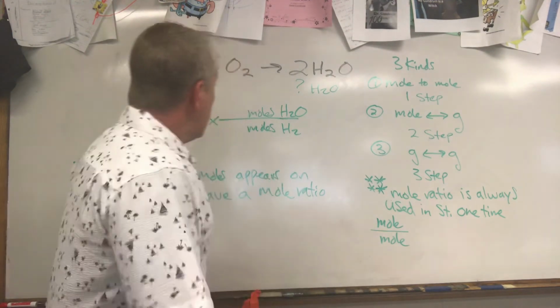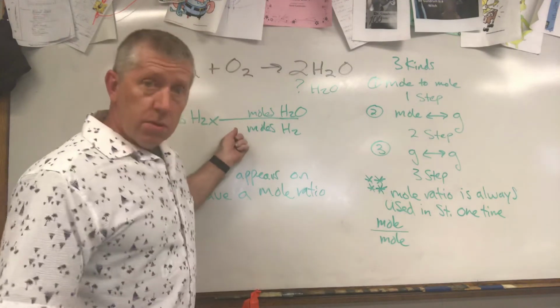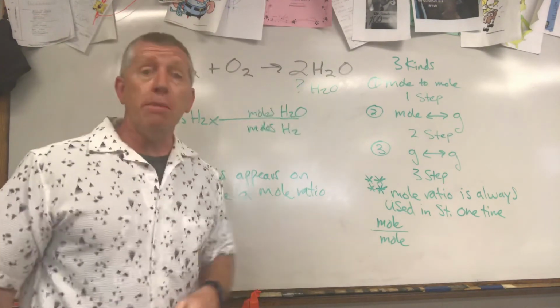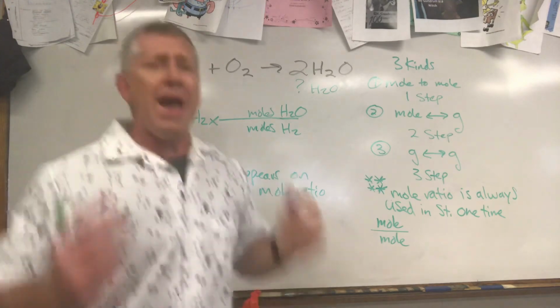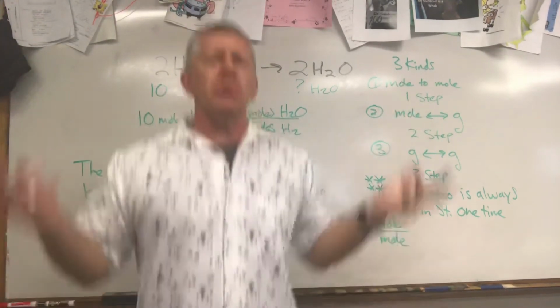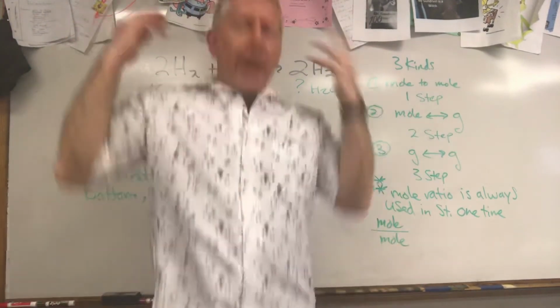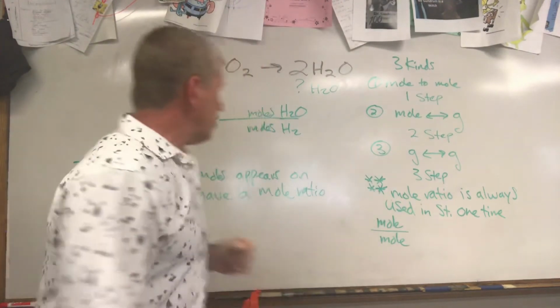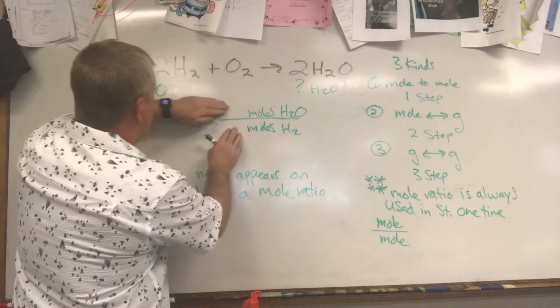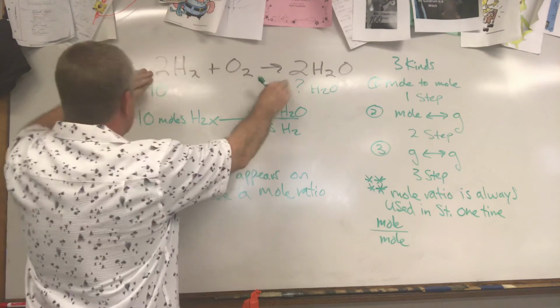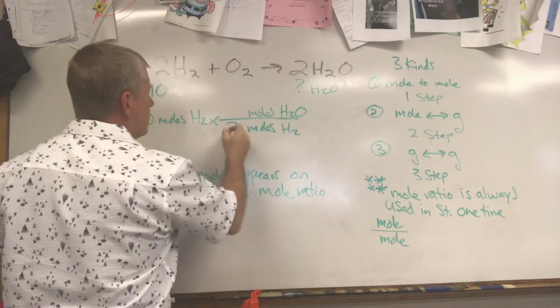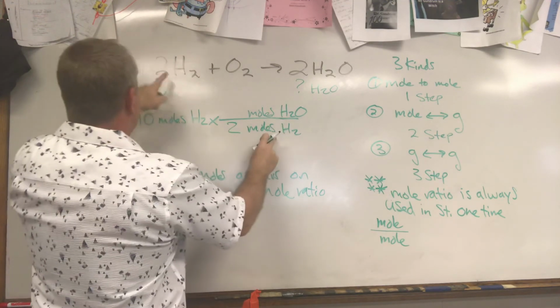Okay. Where do I get the numbers? From your balanced chemical reaction. That's why you have to have a balanced chemical reaction, or you can't do stoichiometry. We balance the reaction. We know that the mole ratio is right here. 2 hydrogens, so I put 2 here from the balanced reaction.